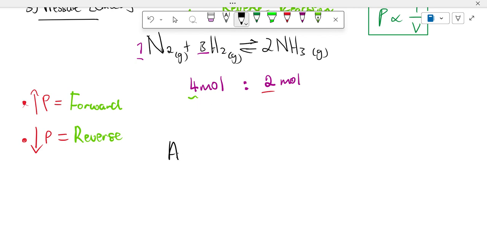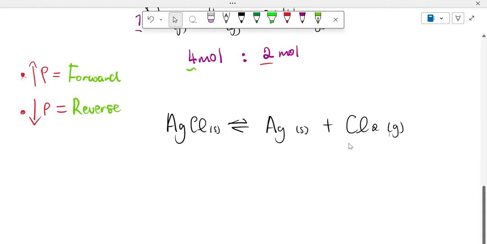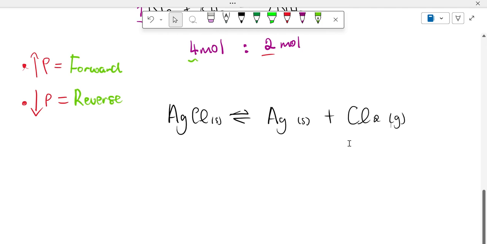So I have a reaction where silver chloride decomposes into its respective products, that is your silver and your chlorine gas. Notice something. Remember, pressure only affects gases.